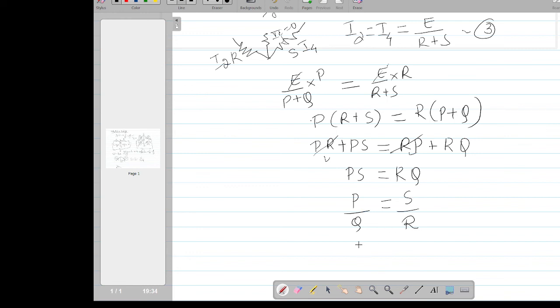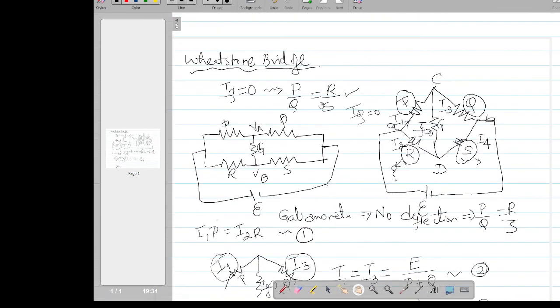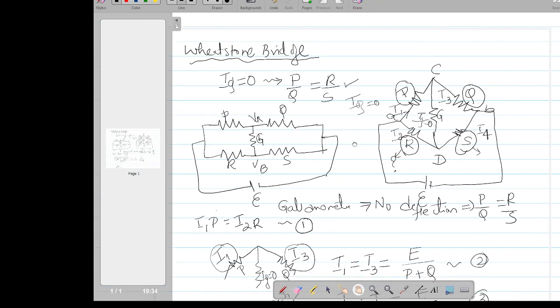When we cross multiply, R is equal to S into Q divided by P. So what we achieved is P by Q is equal to R by S. Then only the bridge is balanced.